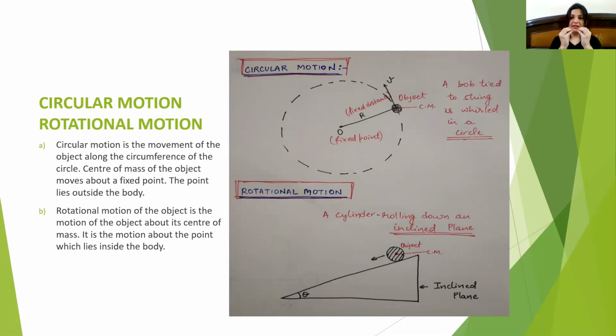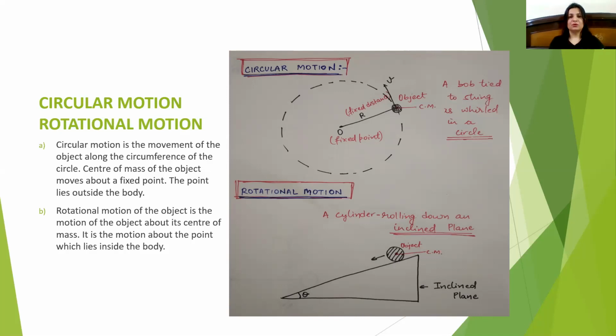So in this case, it is moving about a point which lies inside the body, inside the object. So the point about which the object is moving is lying inside its body. It is moving about its own center of mass. It is moving about the center of the cylinder.